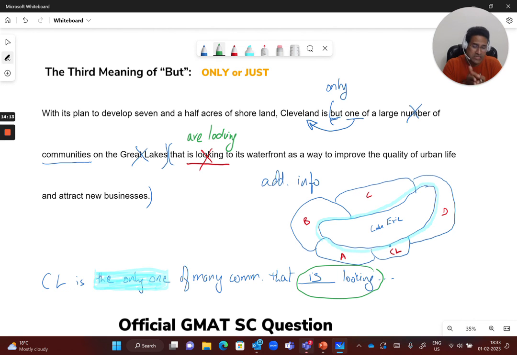This is why "the only" gives us a different interpretation and "only" gives us a different interpretation. And because "but" means "only," we have to go with the interpretation shared with you on top. This is the correct interpretation. Cleveland and all of the other communities together are looking to their waterfront as a way to improve the quality of urban life and attract new businesses. You see how easy that was and how crucial it was to know the meaning of the word "but"?